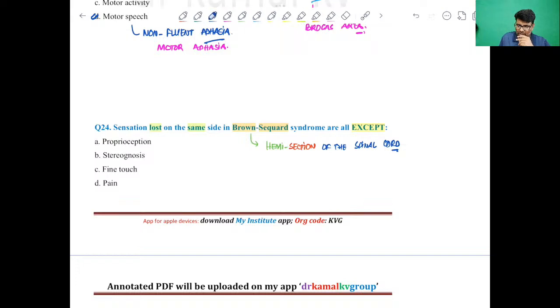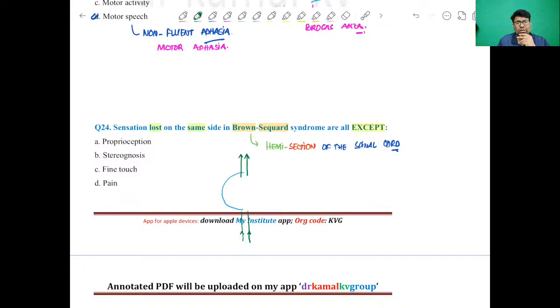Now, if we remember the anatomy of the spinal cord, suppose we are taking one half of the spinal cord, the dorsal column modalities which are ascending on one side are the ones coming from the same side, right?